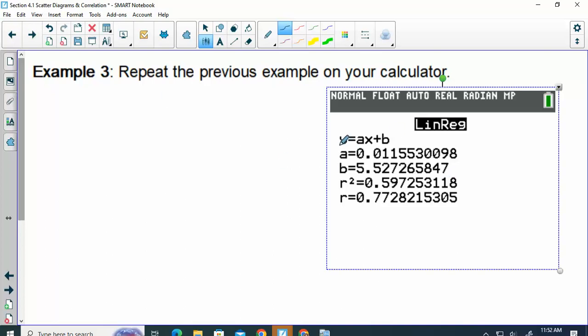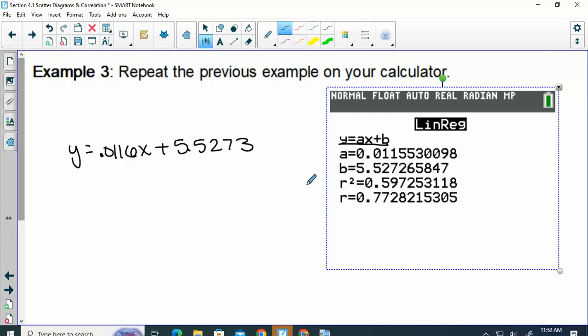So it tells me this is y equals ax plus b. My a, b: 0.116x plus 5.527.